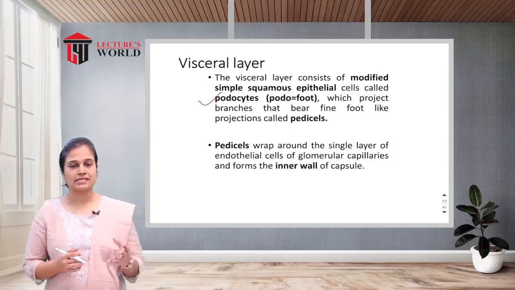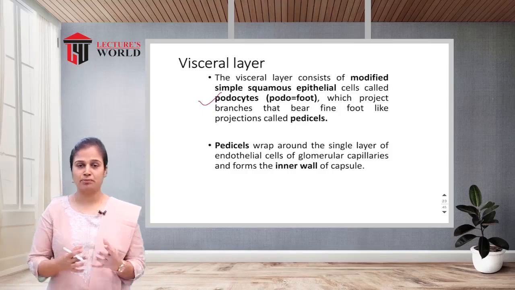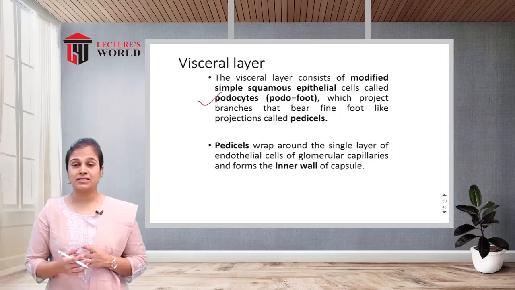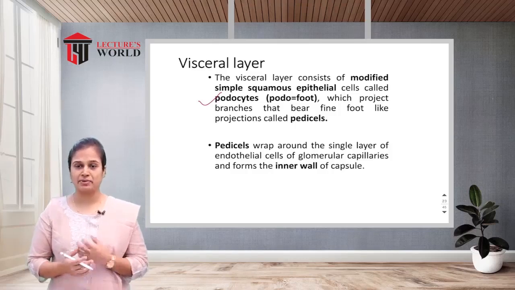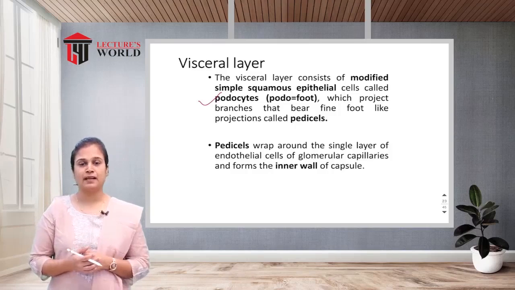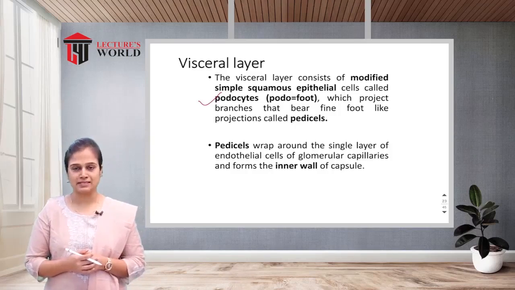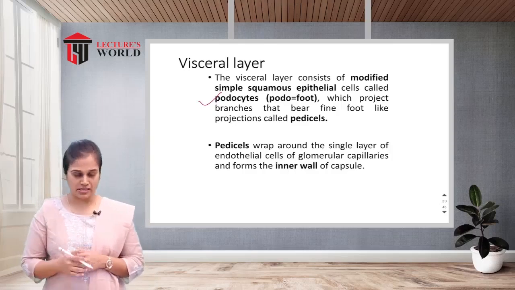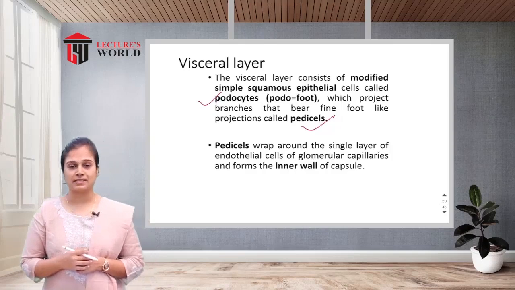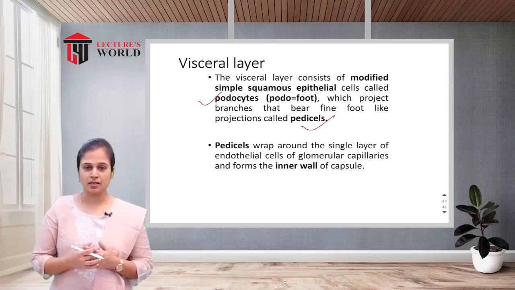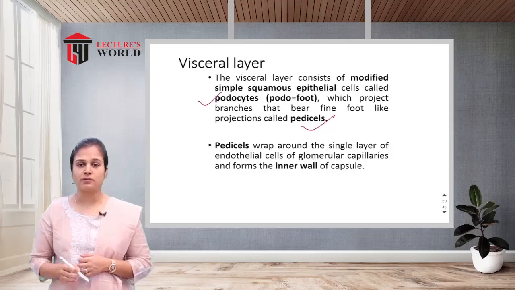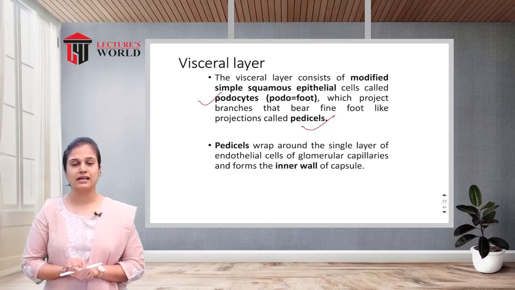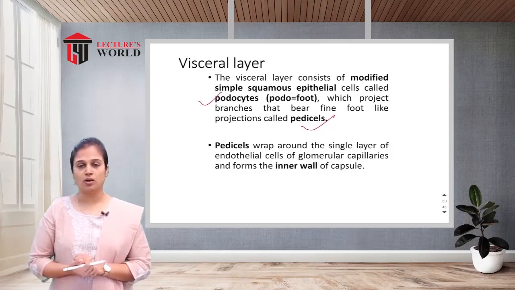Podo means foot and cytes means cells. These cells project branches that bear fine foot-like projections called pedicels. Pedicels wrap around the single layer of endothelial cells of the glomerular capillaries and form the inner wall of the capsule.